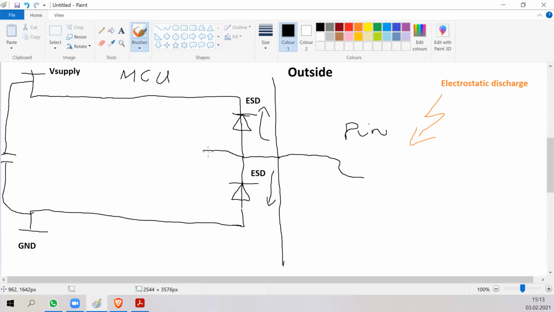After these diodes, we have the MOSFET switches, which push or pull the pin low or high. In the upper part, we have a P-channel MOSFET, and in the bottom part, we have an N-channel MOSFET to ground.